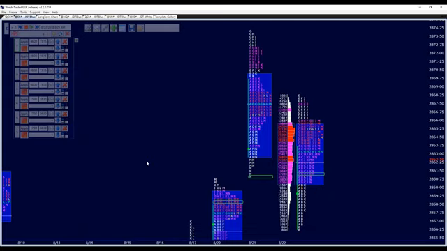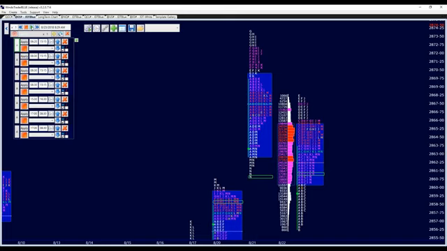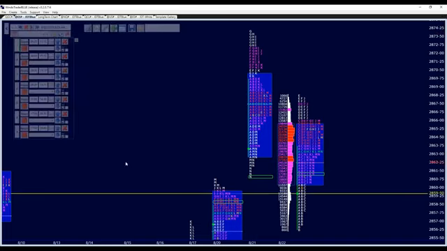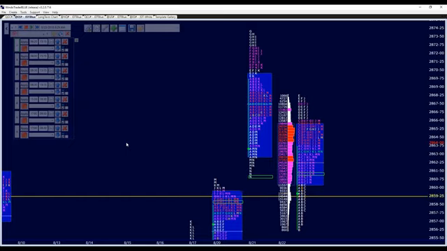I'll tell you on the 23rd, we're going to open in the previous day's profile. When we open within the previous day's profile, that increases the odds that we will have a rotational trading day.